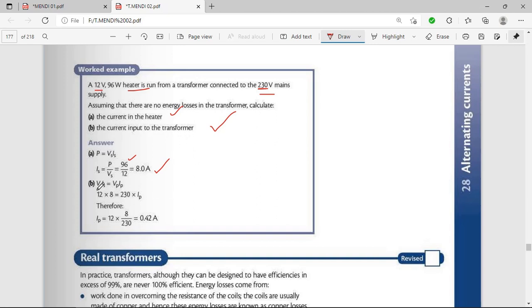We are also going to use this formula: VSIS is equal to VPIP. So VS is 12, the voltage in the secondary, times its current, the one we've calculated, is equal to the voltage in the primary times the current in the primary, and we are going to see that our primary current is 0.42 amps.